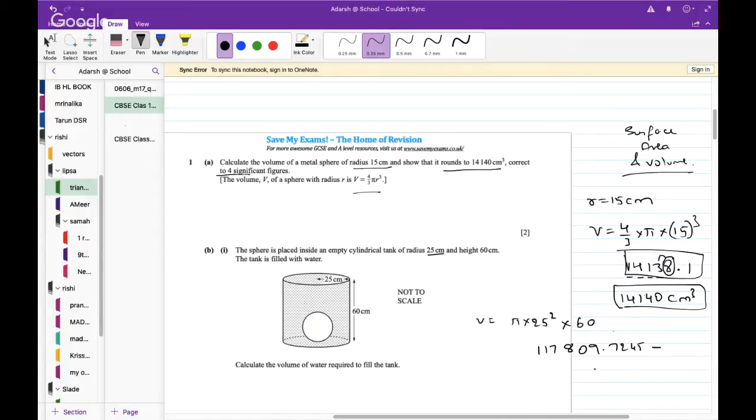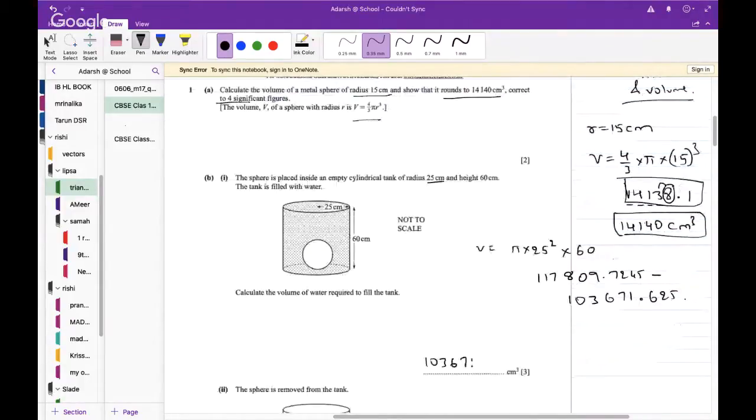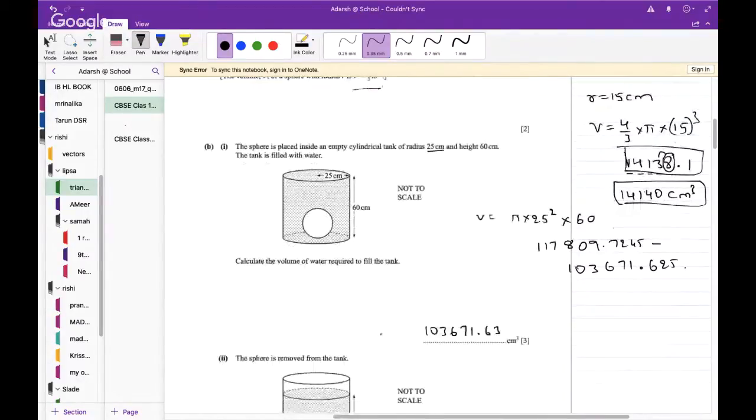So the volume is 103671.625. Okay, round it to two decimal places, so you can write it as 103671.63.